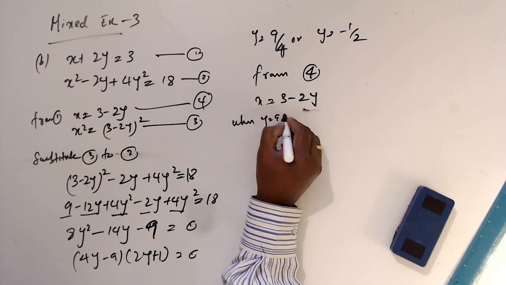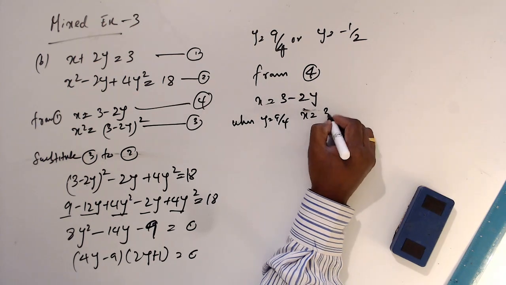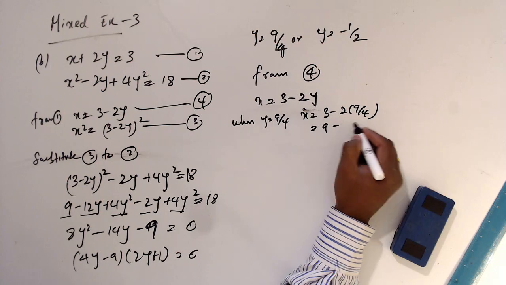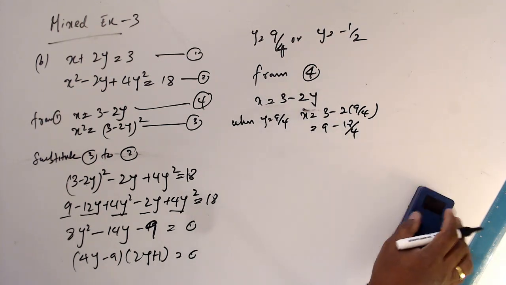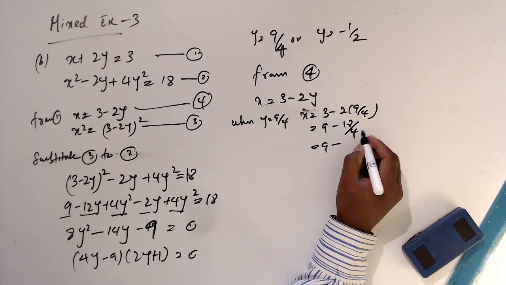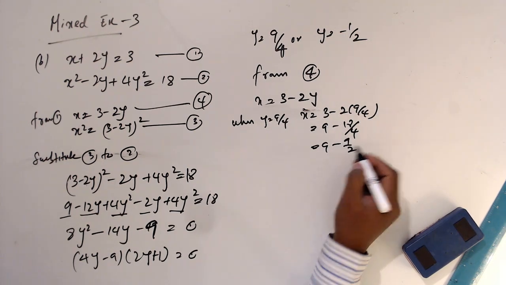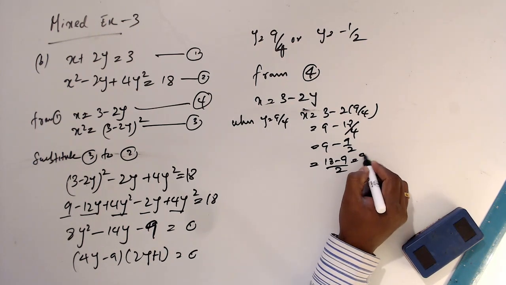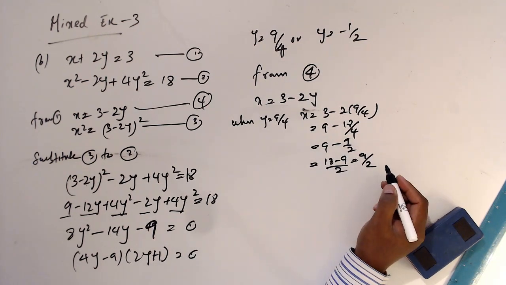When y equals 9 over 4, x equals 3 minus 2 times 9 over 4, so 3 minus 18 over 4, which is 9 over 2.